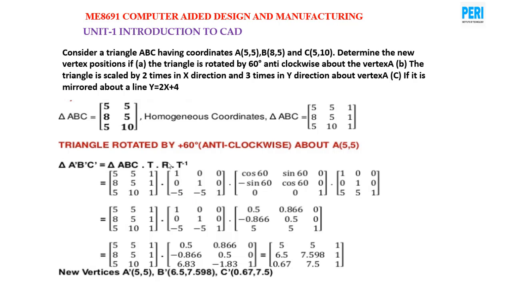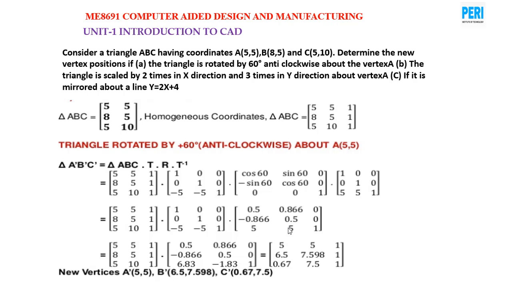Then the rotation. How many degrees? 60 degree rotation. Then the inverse of the matrix, this minus becomes plus. Then cos 60 equal to 0.5, sin 60 equal to 0.866. So sin 60 is 0.866, cos is 0.5.